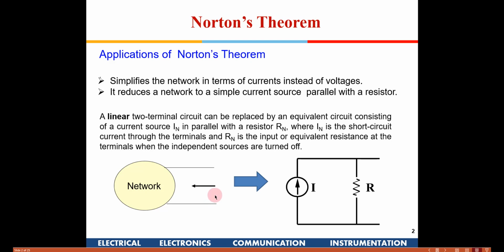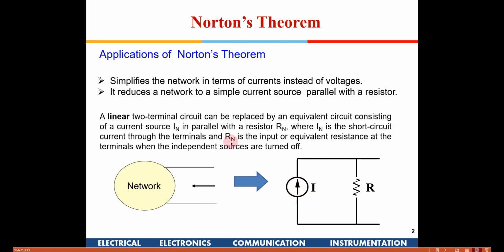In this case, we have to measure the short circuit current. That is, we need to remove the load resistance, short both output terminals, and measure the current flowing through that short circuit wire which we have placed there. That is going to be called IN.